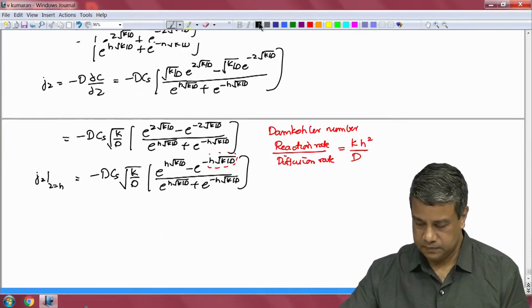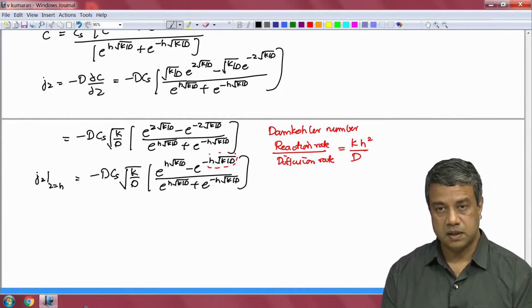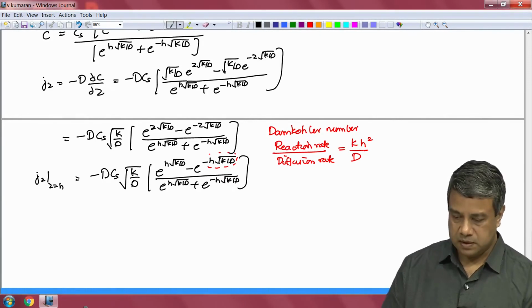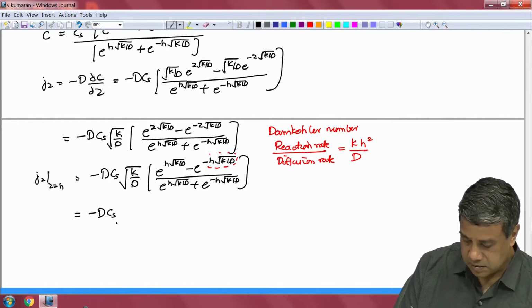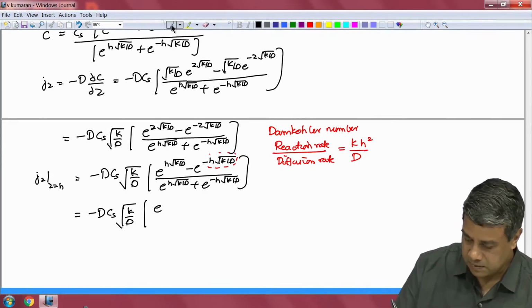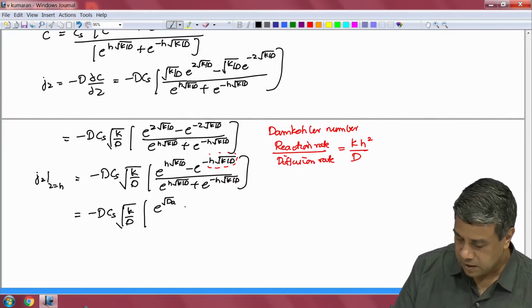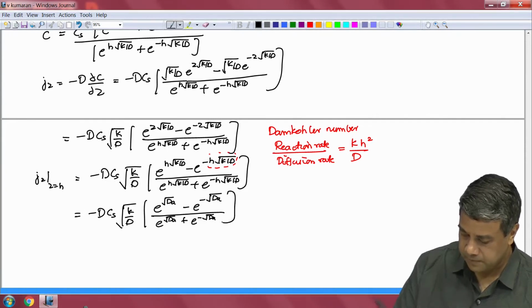So, this exponent here is equal to the square root of the Damkohler number. Therefore, I can write it as minus D Cs root of k by D into e power Damkohler number to the half power, in the exponent, e power root Da minus e power minus root Da, by e power root Da plus e power minus root of the Damkohler number.